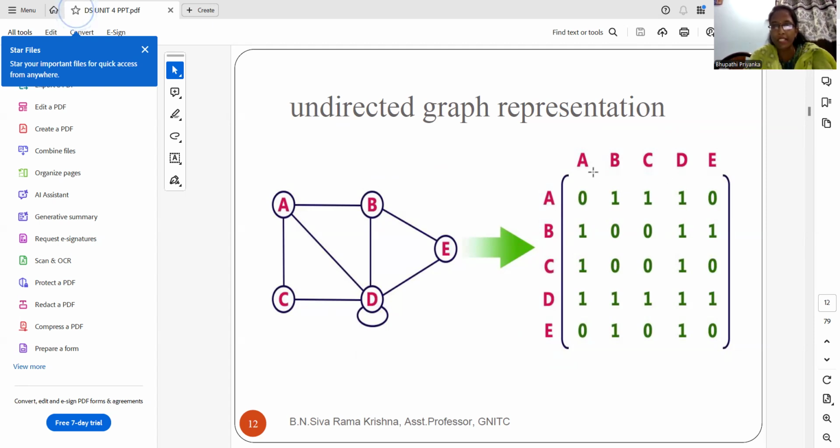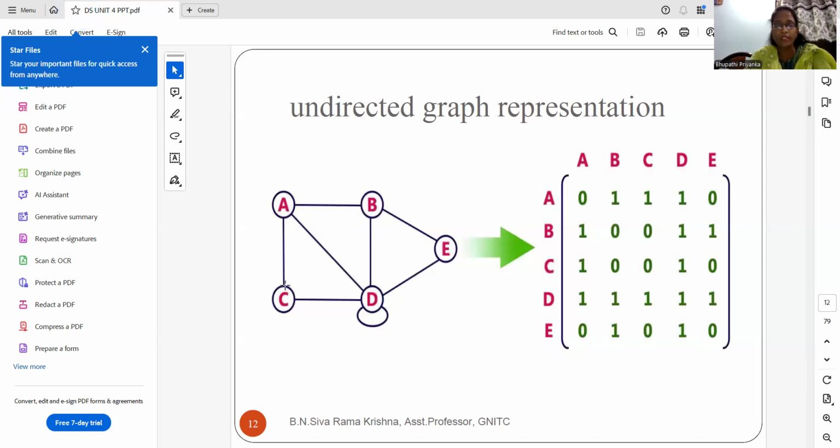Now we'll represent this graph in adjacency matrix representation. A to A, we don't have any edge from A to A. That is the reason we are mentioning it as 0. A to B, we have an edge between A and B. That is the reason in the matrix we are taking 1 as the representation.